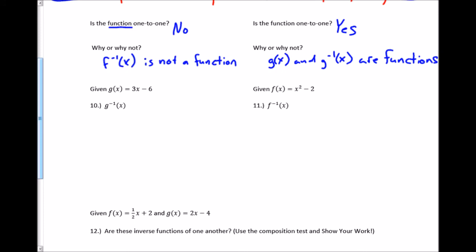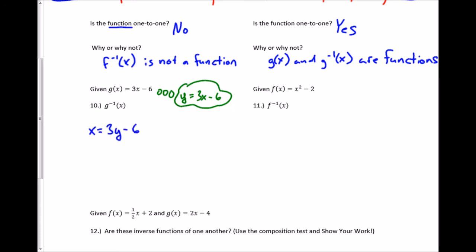In number 10, we're asked to find the inverse of g of x. So again, think of g of x in terms of x and y. This is y equals 3x minus 6. And if I want to find the inverse, I simply switch the x and the y. Before I had values that I switched in the ordered pairs. Here I have an actual x and a y, so I switch them, so I write it as x equals 3y minus 6. And now I just solve for y.